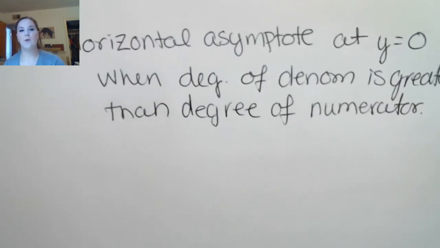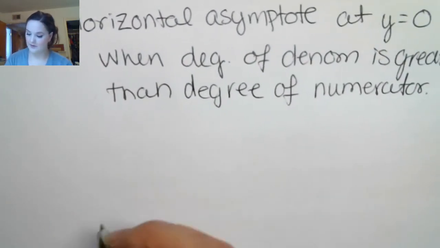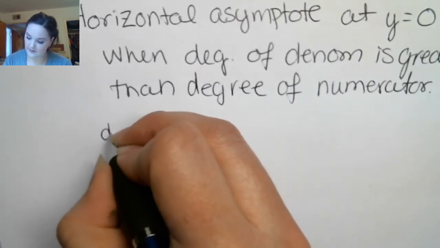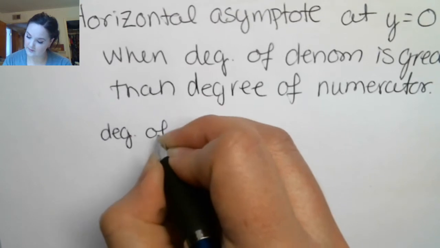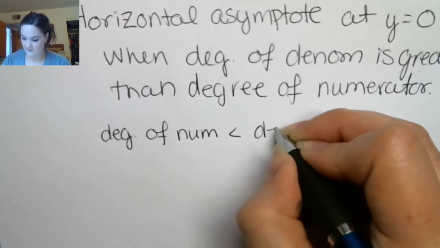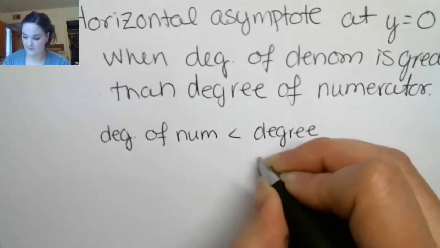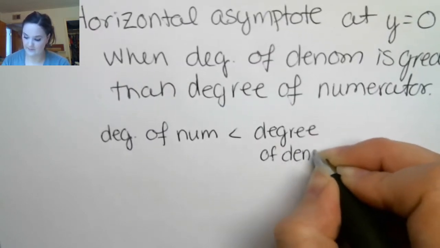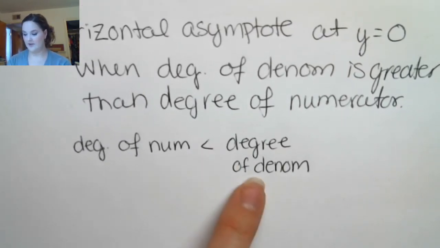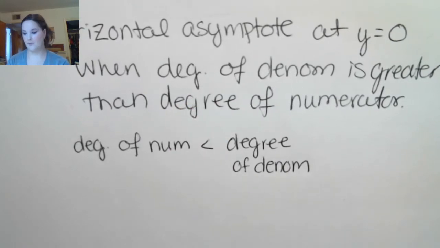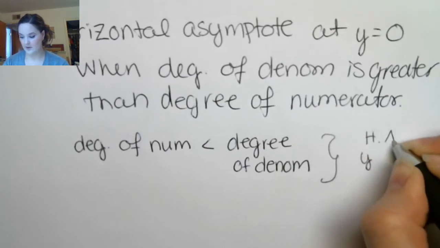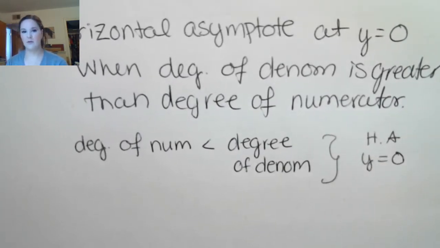Okay, so normally I would make a little table to summarize. All right, so if you have the degree of the numerator is less than the degree of the denominator, that's the example that we had up here, okay, then this would mean you have a horizontal asymptote at y equals 0, okay?